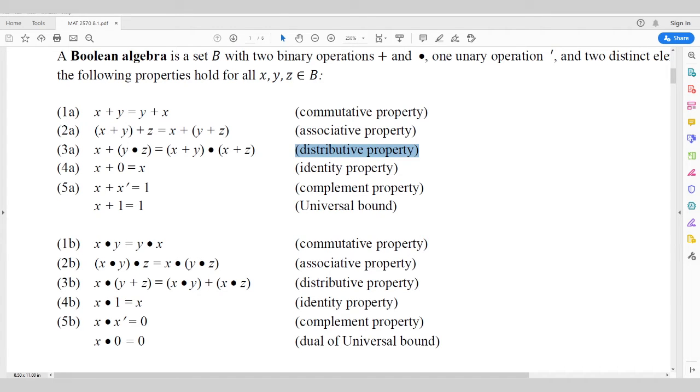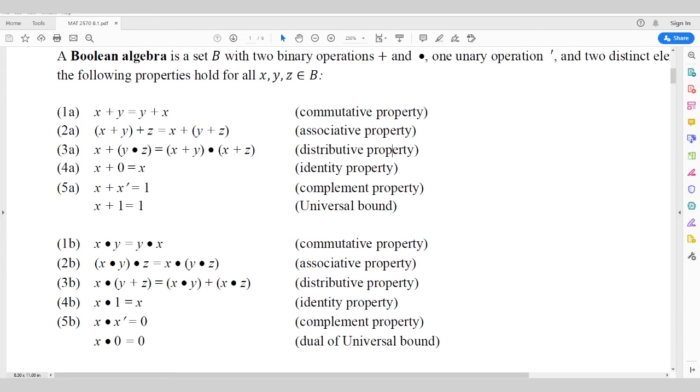The distributive property for addition is the same thing, but in the opposite direction, where if we have x plus a product of two things, we can turn that into two additions multiplied together, which doesn't make sense at all for regular algebra and regular numbers.